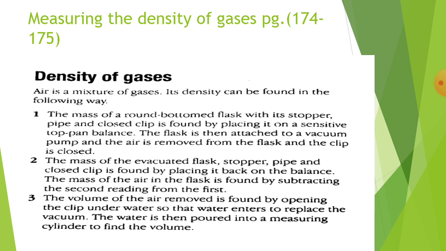The flask is then attached to a vacuum pump and the air is removed from the flask and the clip is closed. The mass of the evacuated flask, stopper, pipe, and closed clip is found by placing it back on the balance. The mass of the air in the flask is found by subtracting the second reading from the first reading.